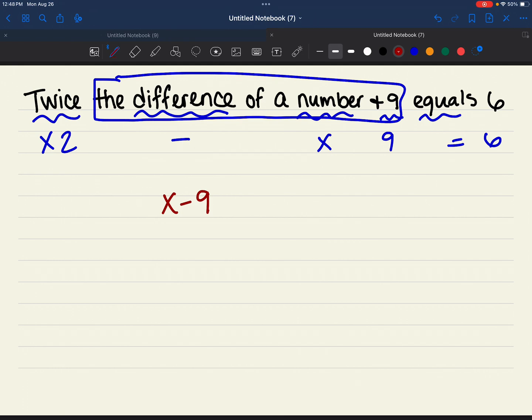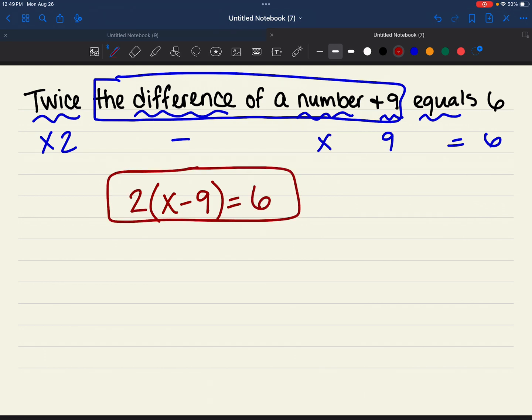Okay? And how can I double this whole entire part? Put it in parentheses. Good. And then just set it equal to 6. Okay? I hope we're writing this down so we have this to refer back to. If we're not, we should definitely write down the next one.